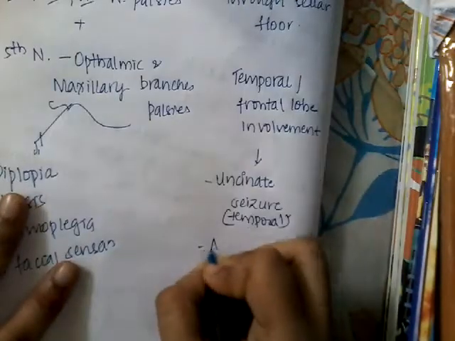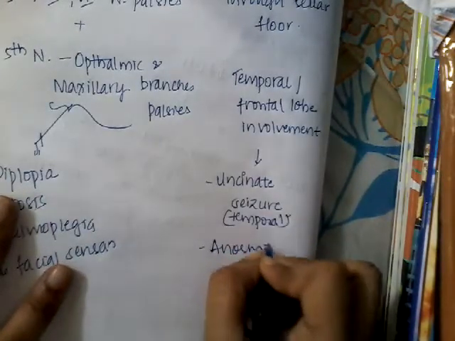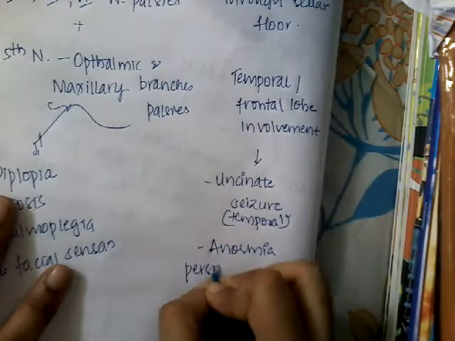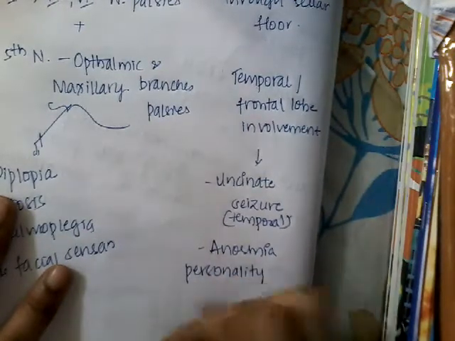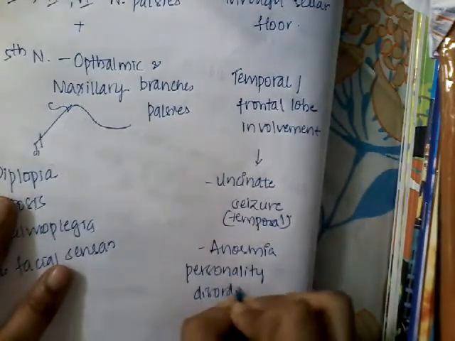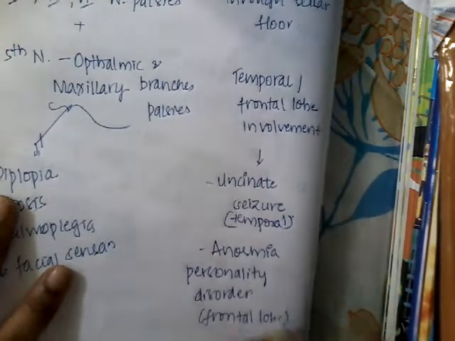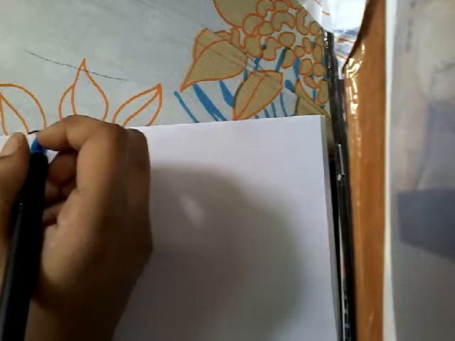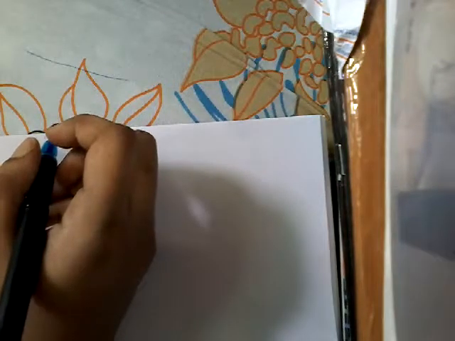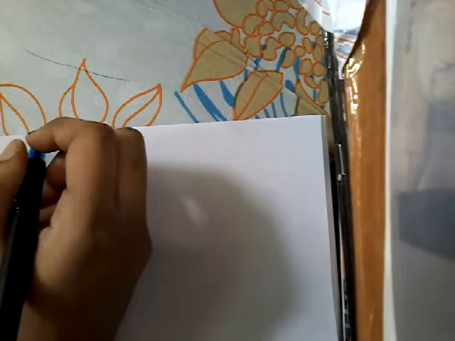It causes anosmia and also personality disorder, both due to the frontal lobe. These are seen whenever the mass extends into the temporal and frontal lobe.